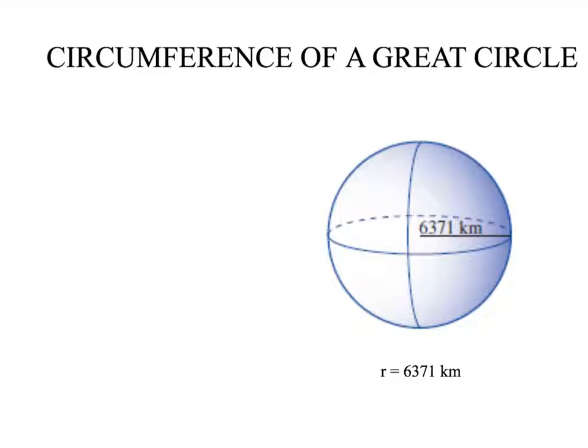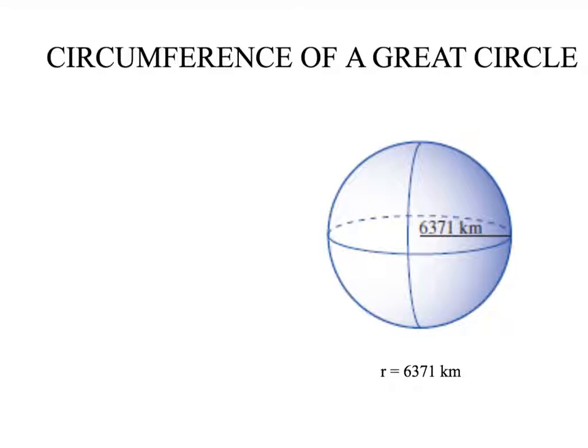So the shortest distance will always go along a great circle. So that from this point to this point, we'll go on that curvature. So it will be the arc, the curve following a great circle route. So points that lie on the same meridian, which are lines of longitude, are basically on the same great circle.